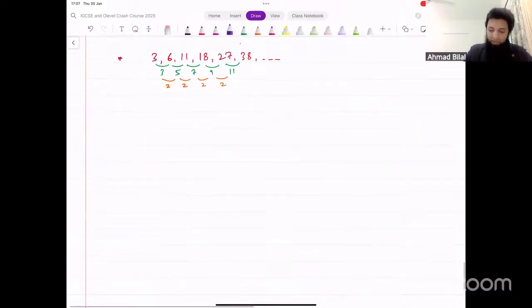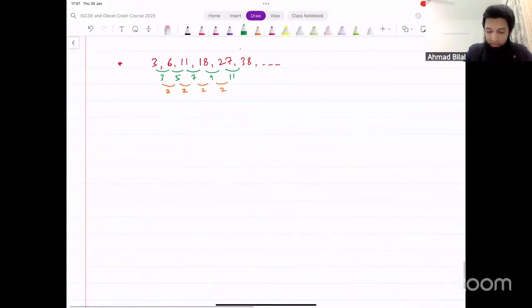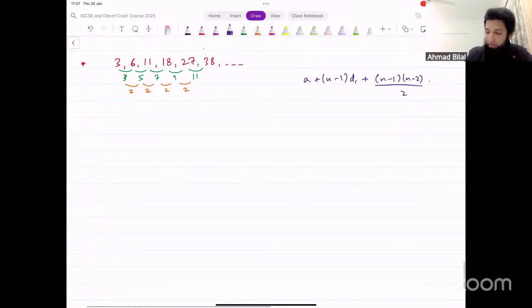But let's look at the sequence again. So this was 3, 5, 7, 9, 11. Then the second differences are 2, 2, 2, 2. One idea could be to use that quadratic sequence formula that we learned earlier. That was a plus n minus 1 times d1 plus n minus 1 times n minus 2 divided by 2 times d2.